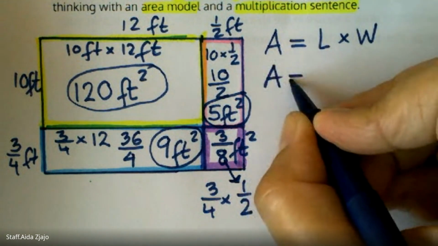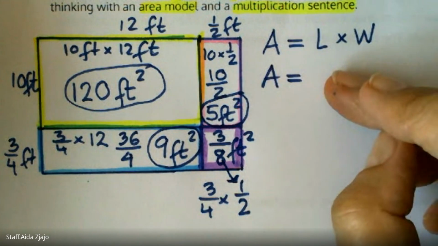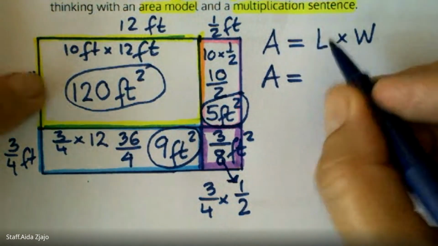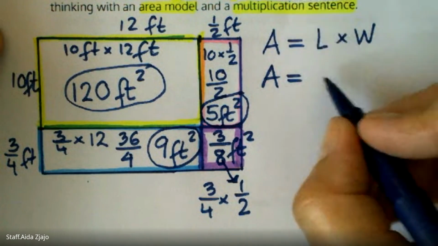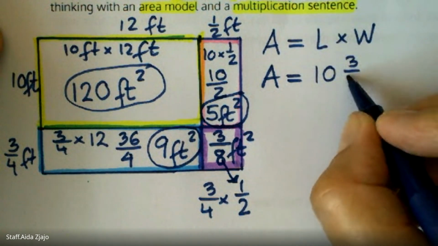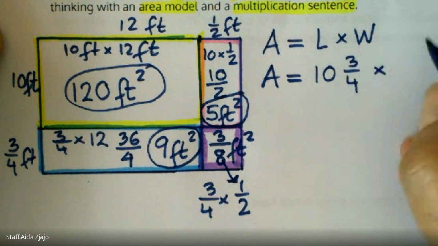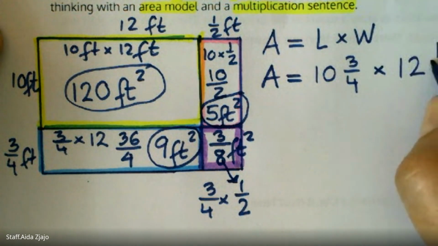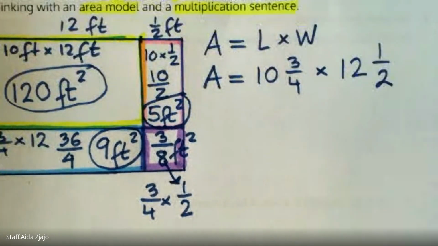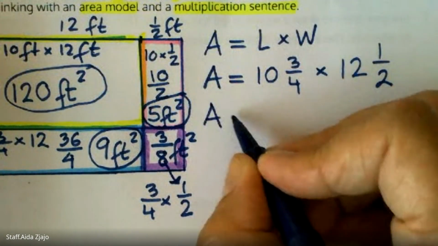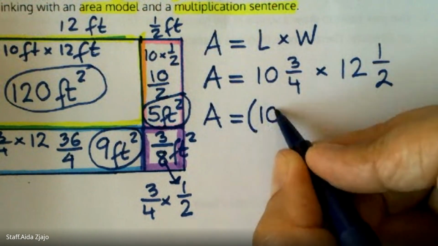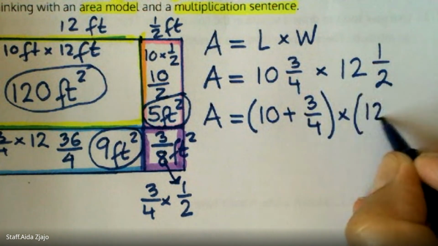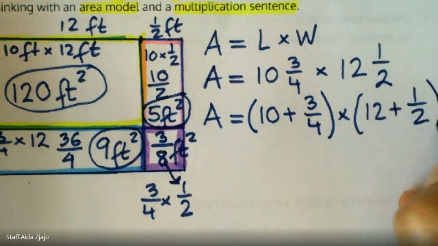Area equals, now I'm going to use the distributive property. 10 3/4 times 12 and 1/2. Now I'm going to decompose that into 10 plus 3/4 times 12 plus 1/2.